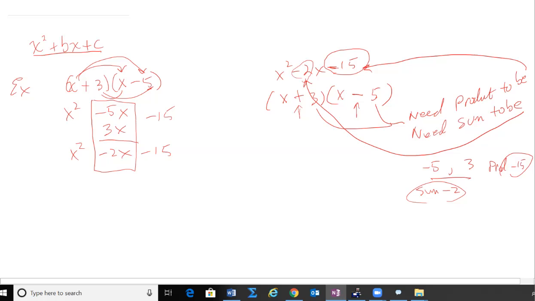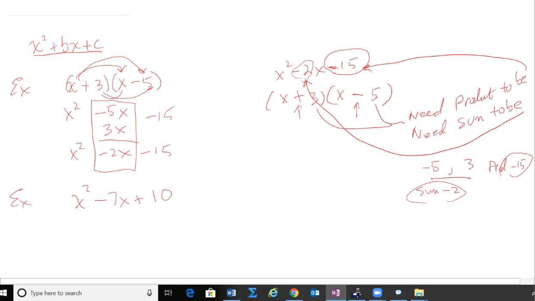So now, usually it doesn't take that much effort and thought to go through these problems. Let's take another example. Let's start from scratch now. Let's say we want to factor this thing: x squared minus 7x plus, let's say, 10.